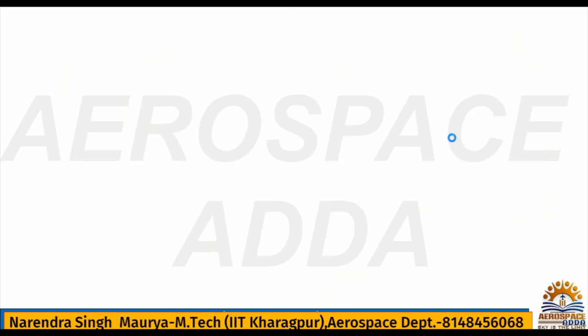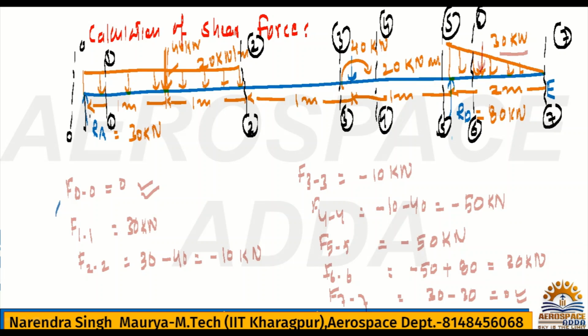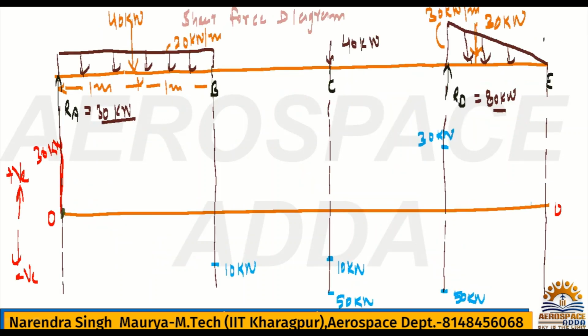And then when you reach 7 it becomes 0. Since you reached here, all the lines you have to match. And always remember, because we are drawing the SFD, the shear force diagram, for the shear force, if we are checking a UDL, the UDL will be drawn by an inclined line.